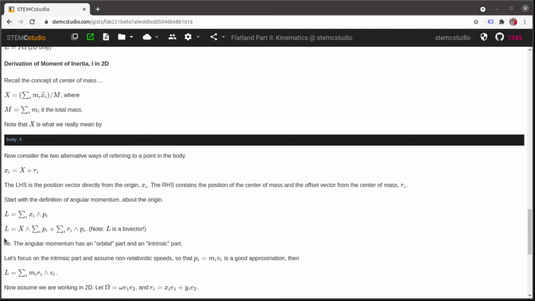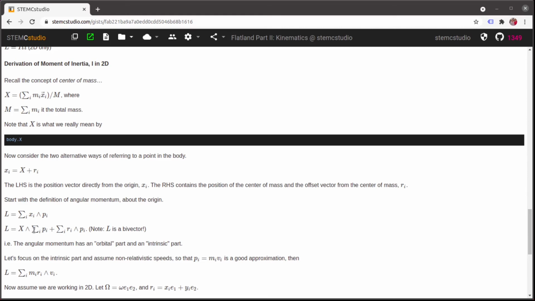So this is the total angular momentum, and it's a sum of essentially two parts. One part comes from the motion of the center of mass of the body, X, and the total momentum of the body.